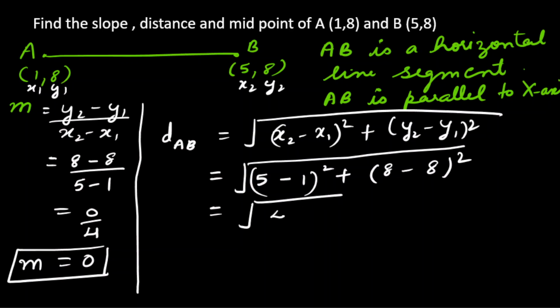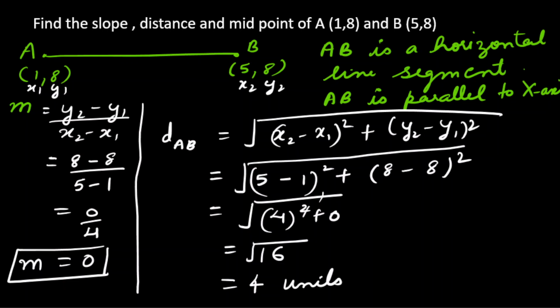So 5 minus 1 is 4. 4 square plus 0. 4 square is 16. Or you can directly cancel square and root also. So square root of 16 is 4. So the answer is the distance between points A and B is equal to 4 units.